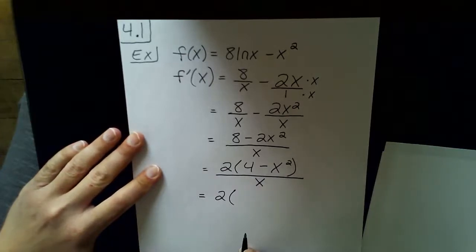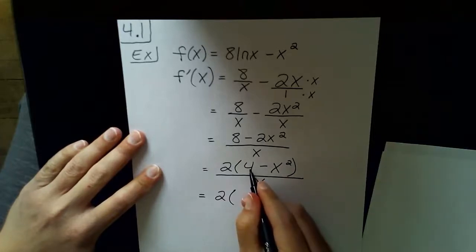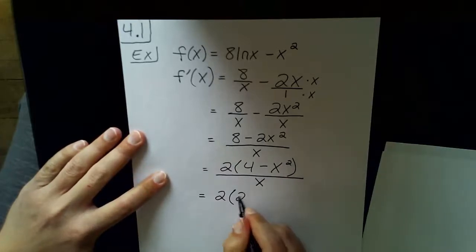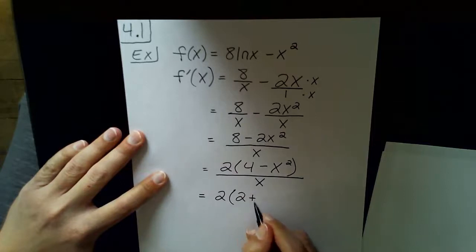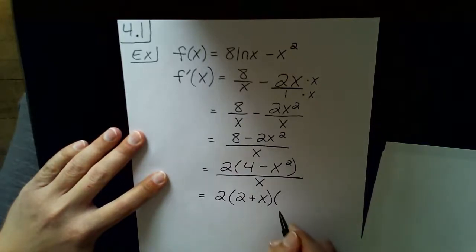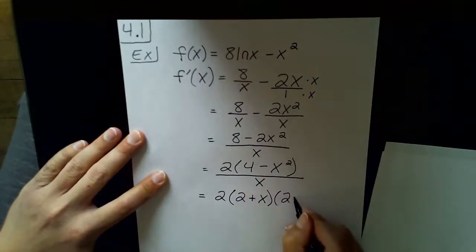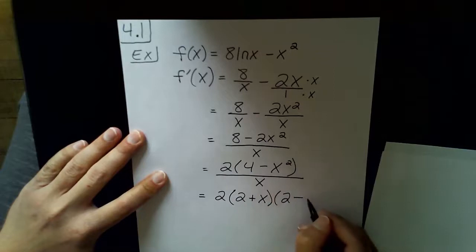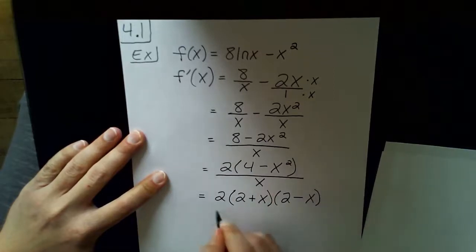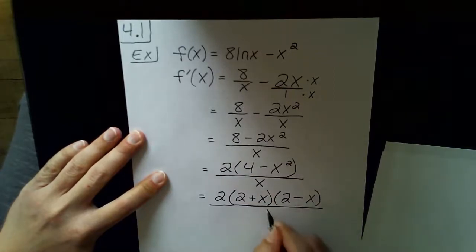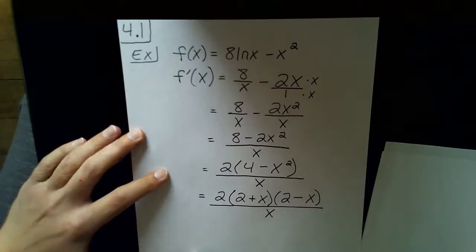So remember, whenever you factor a difference of squares, you take the square root of the first term, which is 2 in this case, plus the square root of the second term, which is x, and then again the square root of the first term, which is 2, minus the square root of the second term, which is x, and put that all over x.